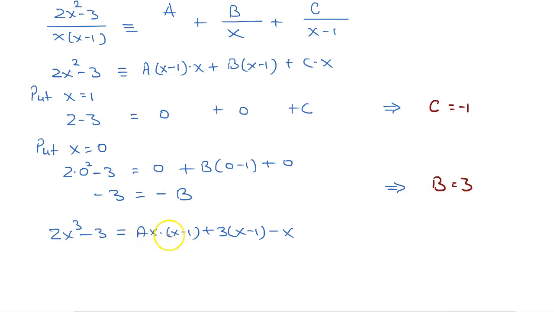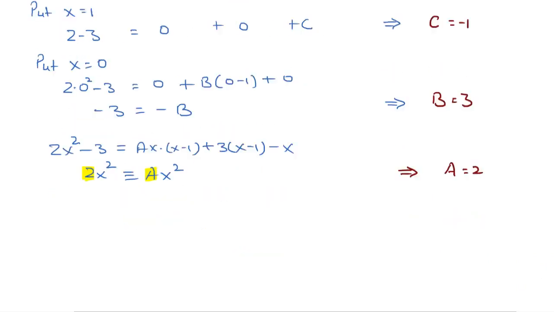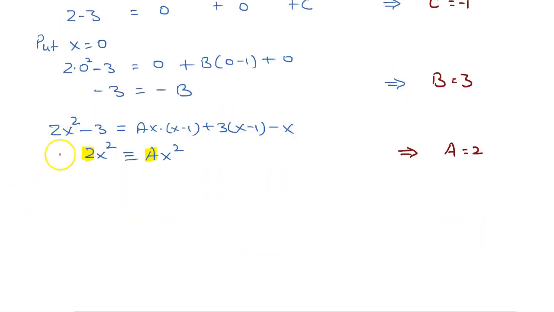Now if we compare it, this is square, not cube. This is 2x square, which is equivalent to ax square. So if we compare this, we can say that a is equal to 2.